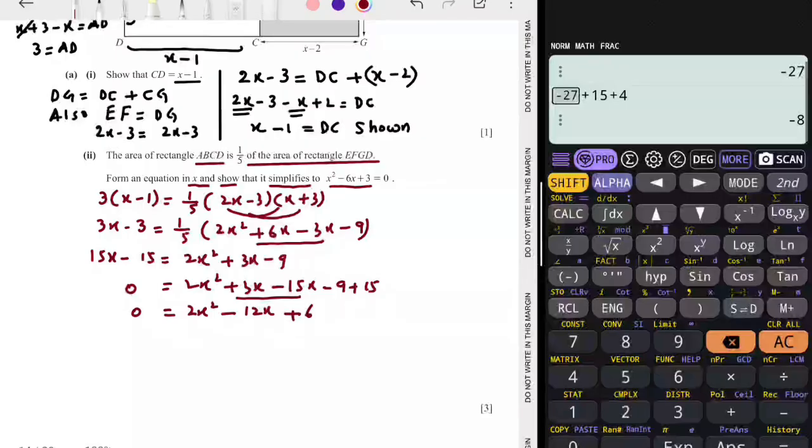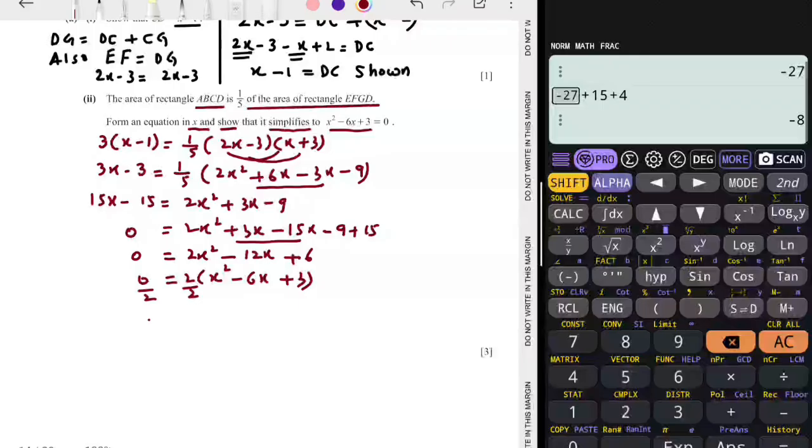Now taking 2 as common, x square minus 6x plus 3 is equal to 0, dividing both sides by 2. Students, see that both are the same, so it is shown.